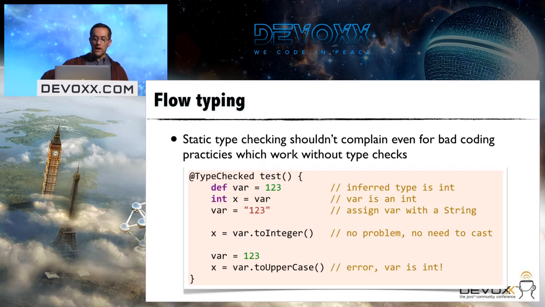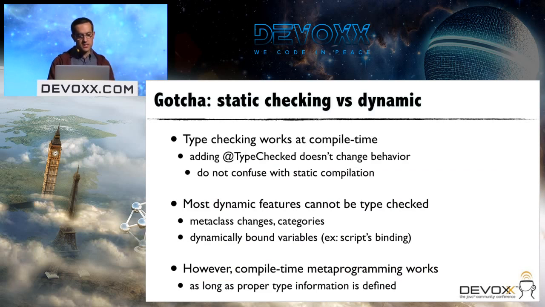Afterwards, we put back a number, and here you would get a compilation error because toUpperCase is not valid on a number. So it's able to follow the different types. It's not actually a good practice to change the type of a variable, but because of dynamic typing, people can do that, although it's not usually something that I advise.